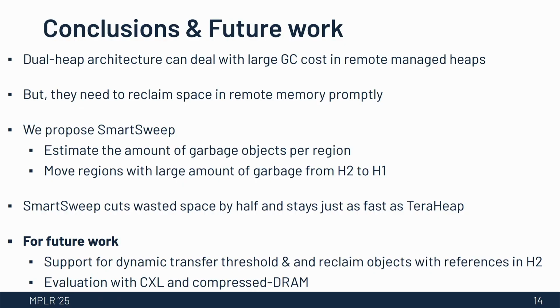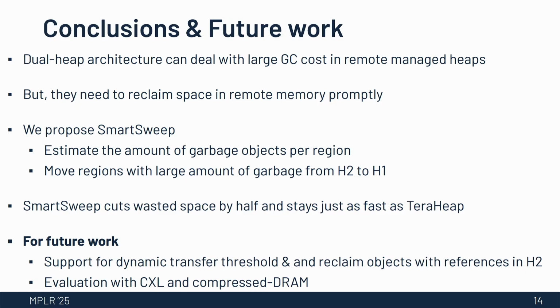SmartSweep shows how to reclaim dead objects in remote memory without scanning the remote heap, by estimating the amount of garbage and moving regions with a large amount of dead objects from the second heap back to the local heap in DRAM, allowing the garbage collector to reclaim these objects. SmartSweep cuts the wasted space by half and stays just as fast as TeraHeap.